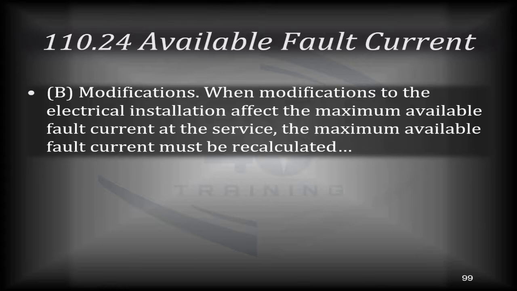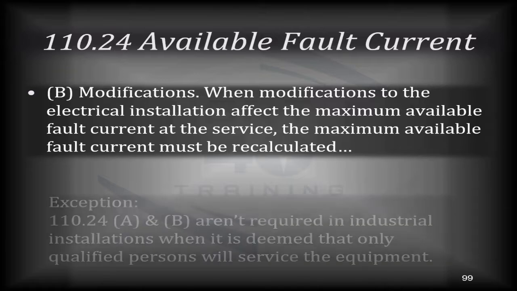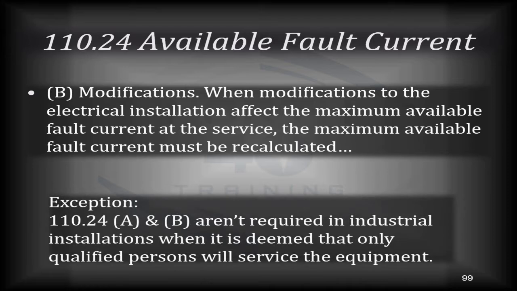With the exception, 110.24(A) and (B) aren't required in industrial installations when it's clear that only a qualified person will service that equipment. So it's not in an area where general passersby or the general worker bees will be able to get into it.